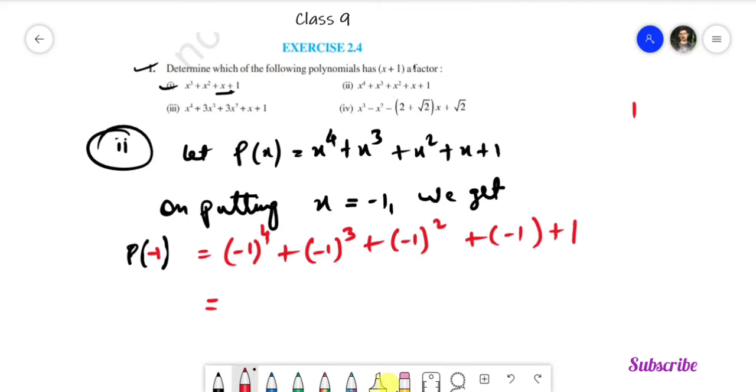You see, I'm going to give you the shortcut method. If it's an odd number, then always remember there will always be minus.